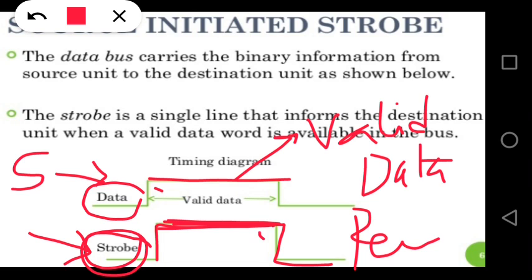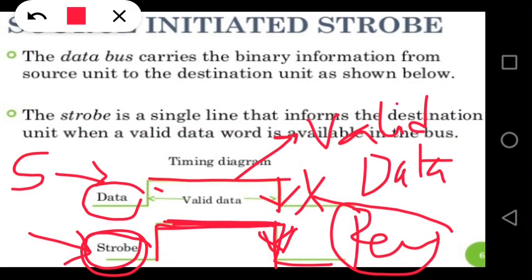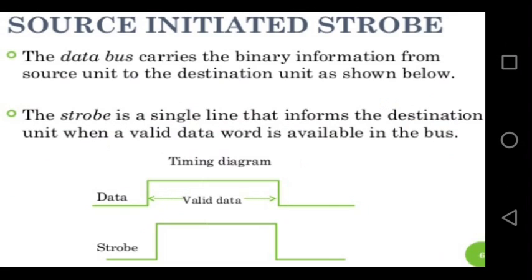The moment the sender stops sending the strobe signal, receiver understands that there is no valid data on the data bus. So this is how source initiated strobe works. Remember, strobe is a single, separate line that sends some signal to the destination.